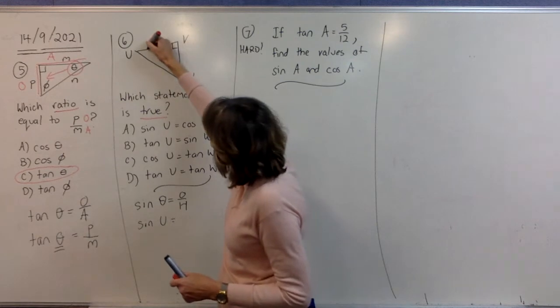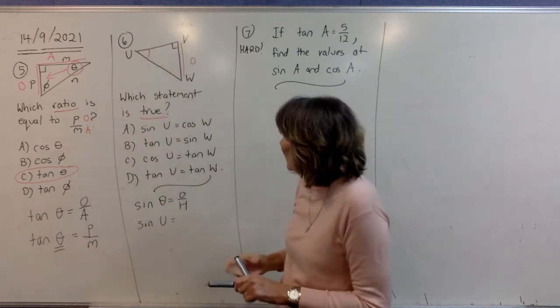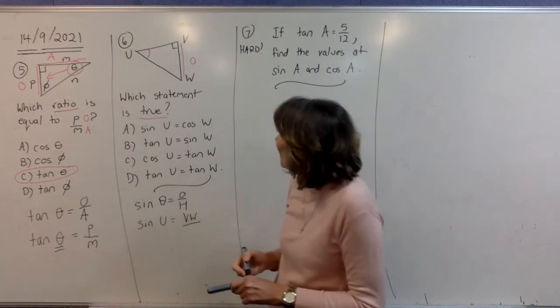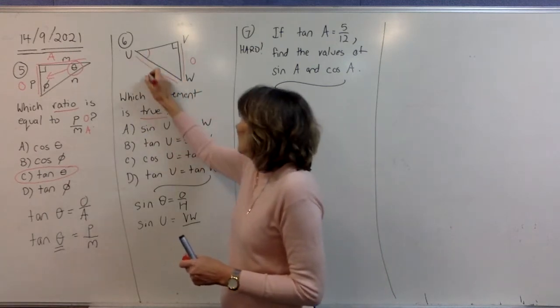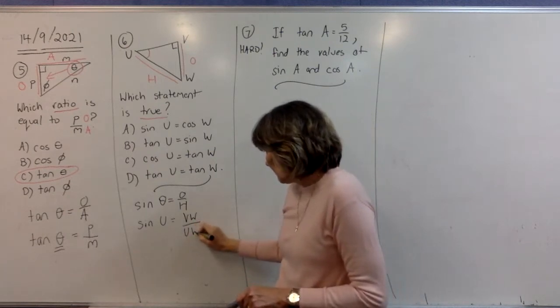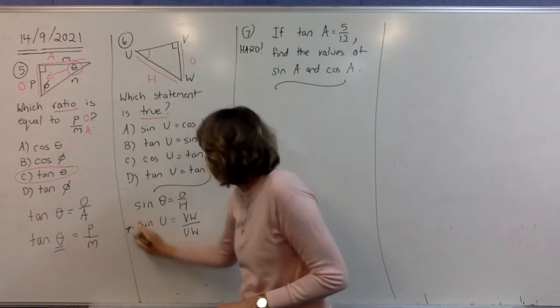The opposite side to u is this one, so we're going to write VW. And the hypotenuse is this one here, and that's UW. So that's what sine u is. Now let's see what cos W is.